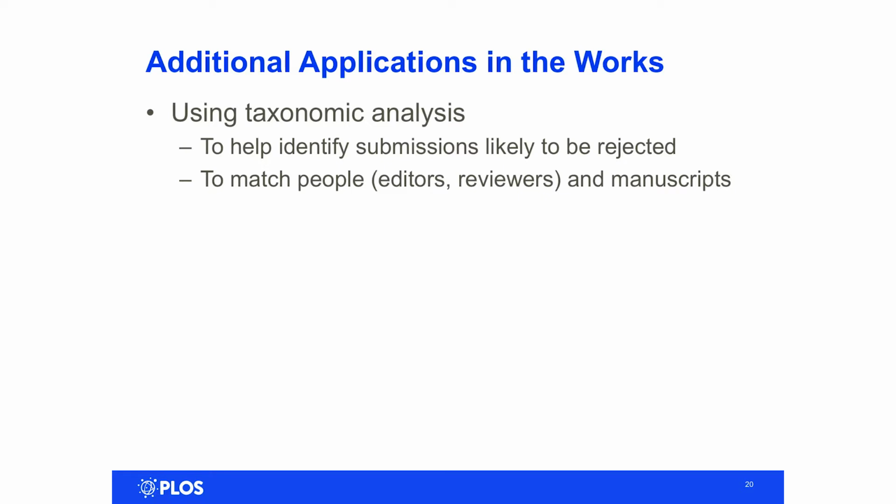I just wanted to mention a couple of other applications that we are working on. I know Rachel mentioned that right now the only place we are actually applying the classifications is at the time of publication. It's been built into the system that publishes onto the web, and none of that information is earlier in the process.